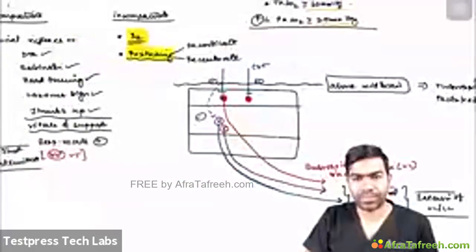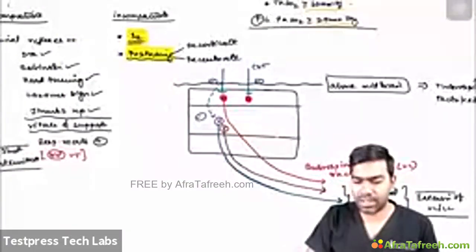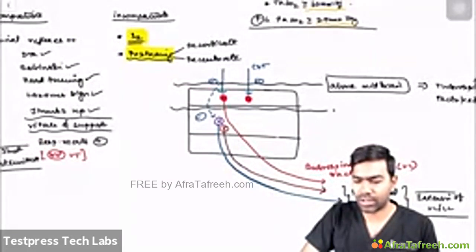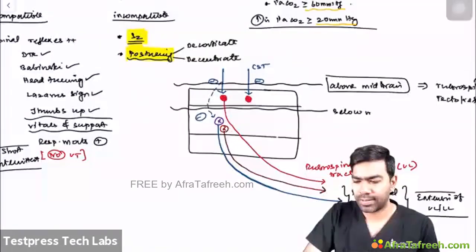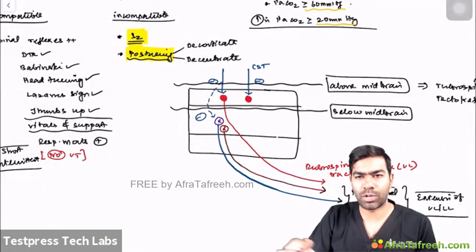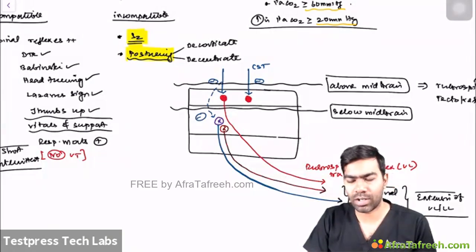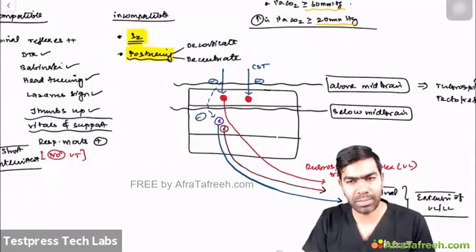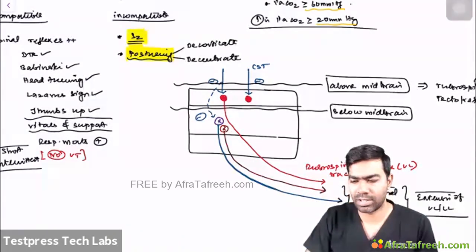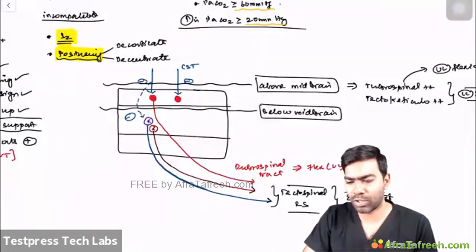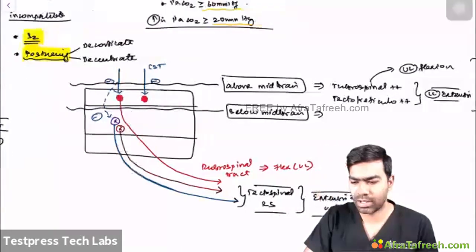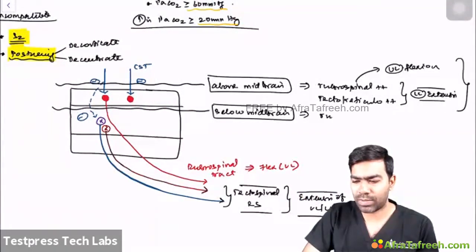Suppose the damage is below the level of the red nucleus, or below the midbrain but above the pons, or in between the ponto-midbrain junction, or anything below the red nucleus or below the superior colliculus. For just understanding purposes, I'm telling you below the midbrain, but the other tracts are intact, which means here the rubrospinal pathway is also damaged.